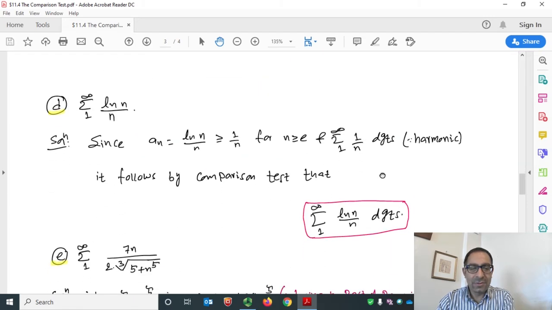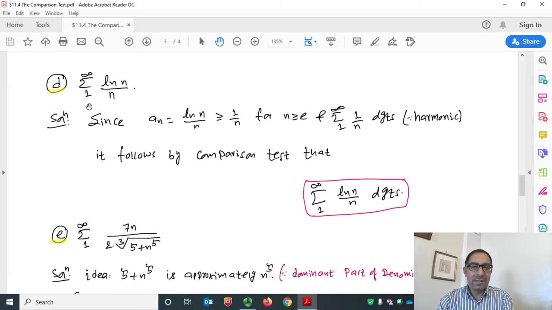Now let's move on. This time let's do part D. The given series is natural log of n over n, summation runs from 1 to infinity. Let's begin the solution.